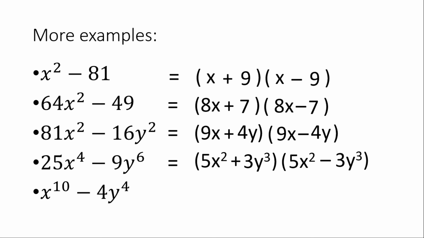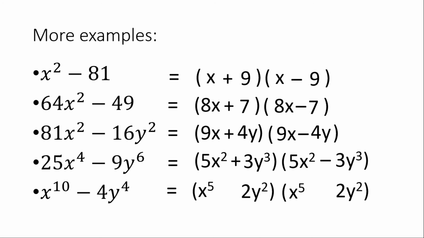And next, we have x to the 10th power minus 4y to the 4th power. Let's get the square root of x to the 10th power. And that is x to the 5th power. Now, what is the square root of 4y to the 4th power?